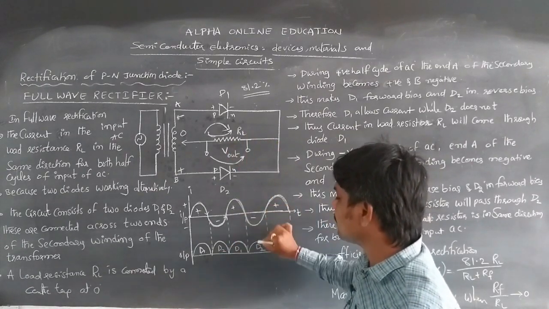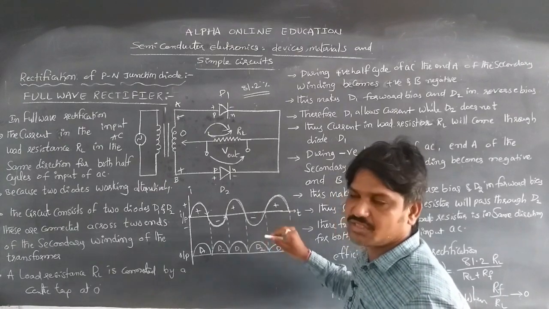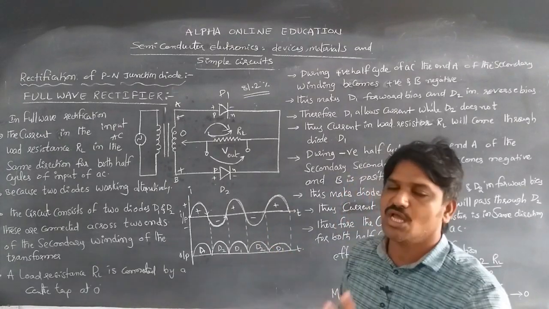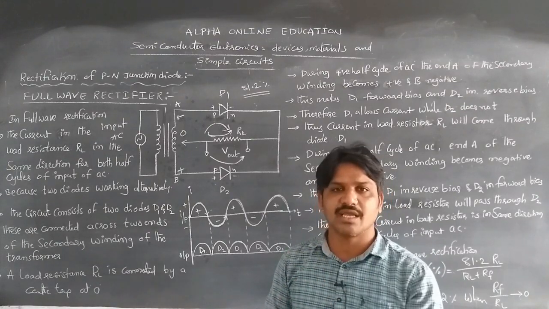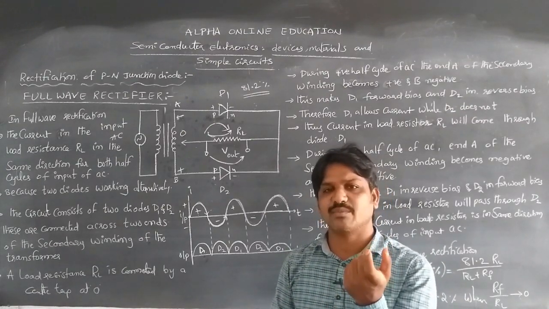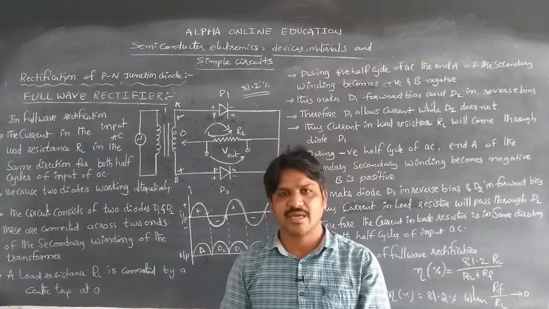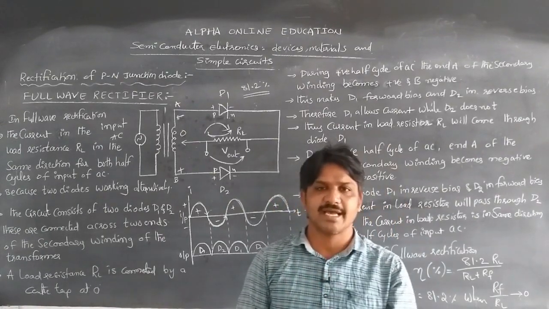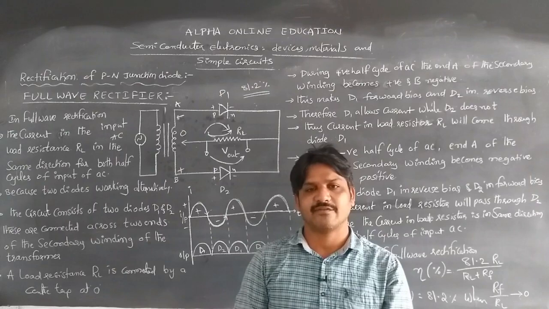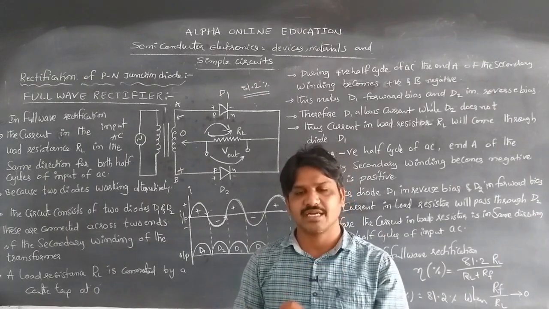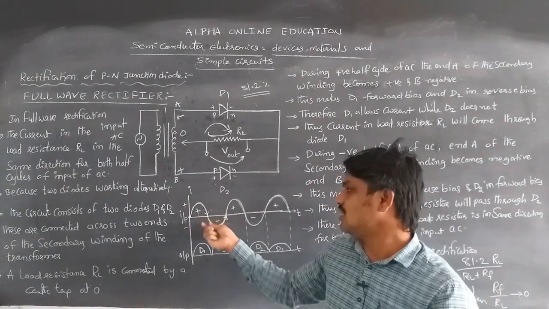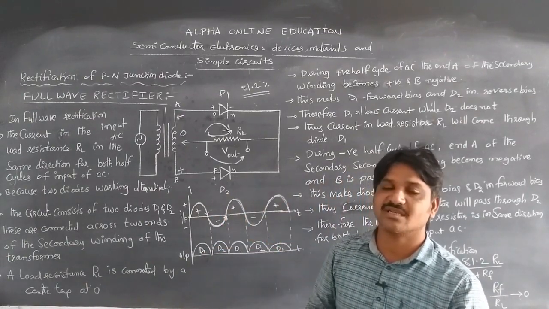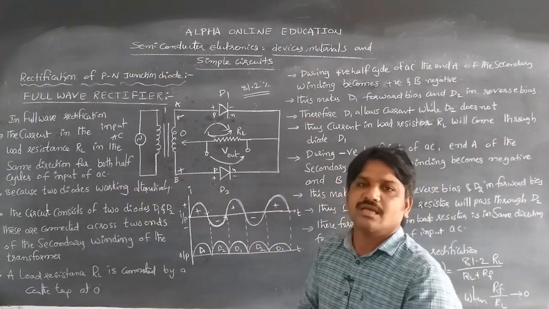The two diodes work alternatively: when D1 is forward biased, D2 is reverse biased, and when D1 is reverse biased, D2 is forward biased, so we get the output equally whenever alternating current is given to the circuit.